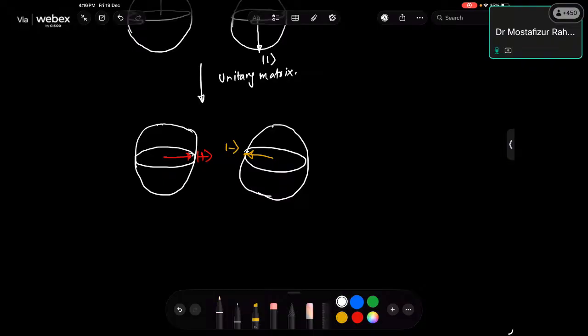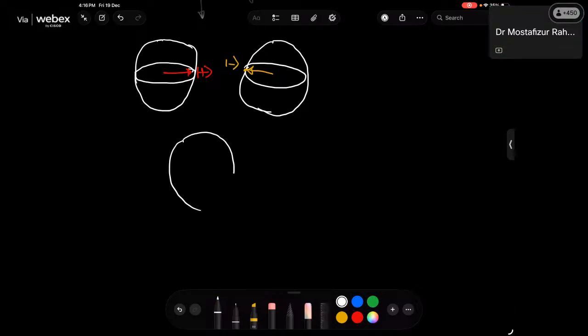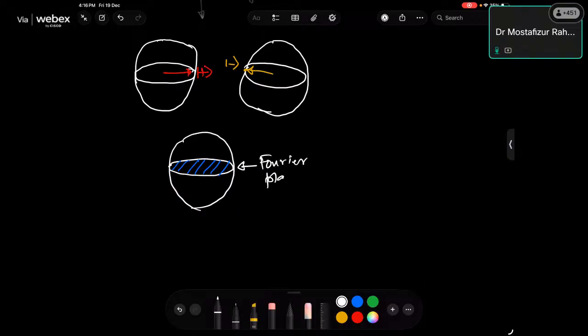Then this particular plane, we call it a Fourier plane, right? Fourier plane or the Fourier space or subspace, whatever you say, where this vector and this vector together create this entire plane.